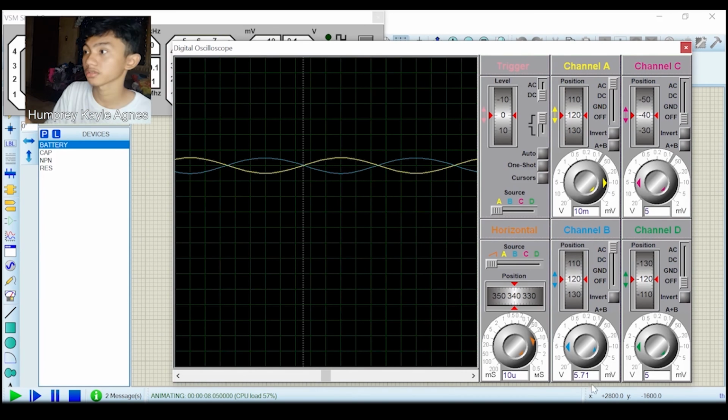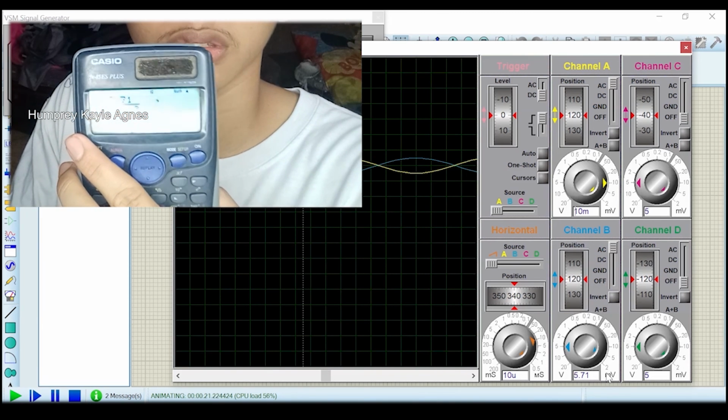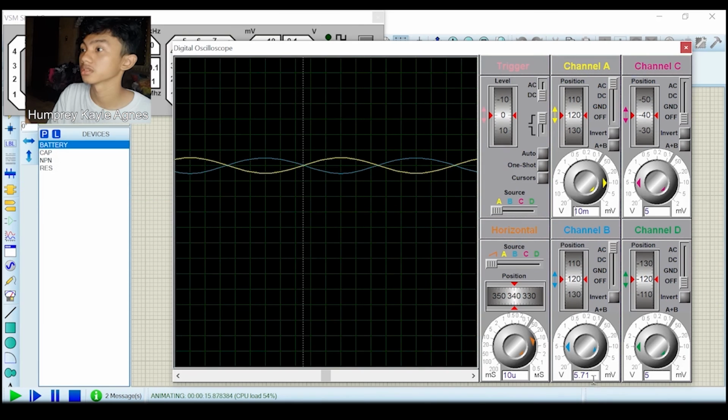And if we calculate the ratio between the two voltages from input and output, it's 5.71 volts divided by 10 millivolts. We get negative 5.71. Almost the same.